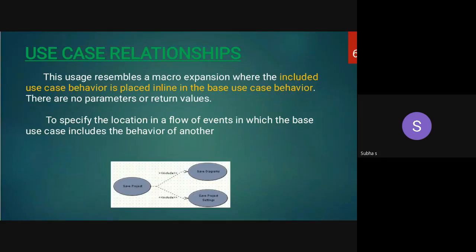The included use case behavior is placed inside the base use case behavior. The included use case is placed inside the base class, derived class. We are already studying OOPS. That is the same thing. Here the use case behavior is placed inside the base class behavior. Simple single line representation. That is the flow of representation, so the flow of representation includes the behavior.